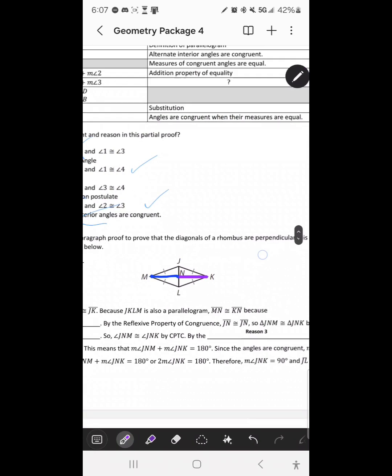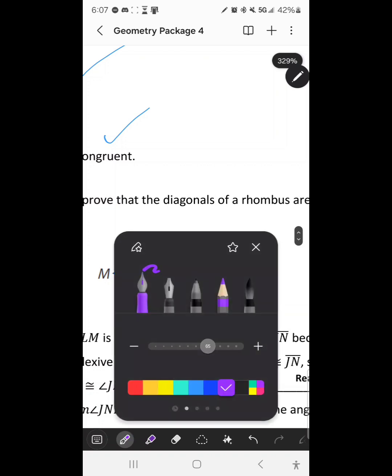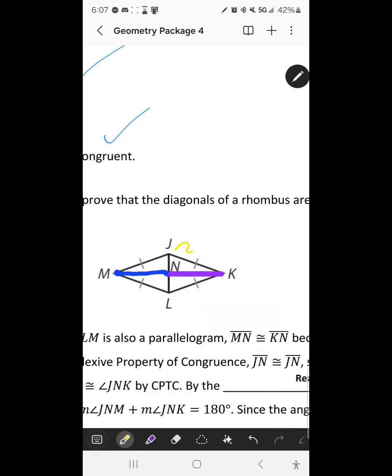So this half is going to be equal to that half, and this half right here is going to be equal to this half. The other hint is that you're not talking about two complete diagonals, and the diagonals of a parallelogram are not congruent to each other.